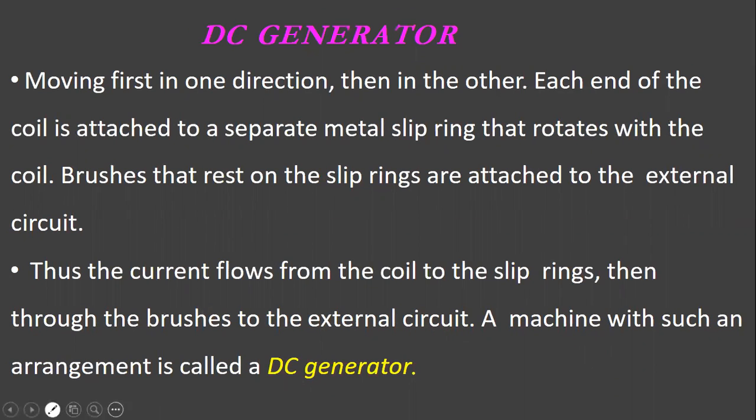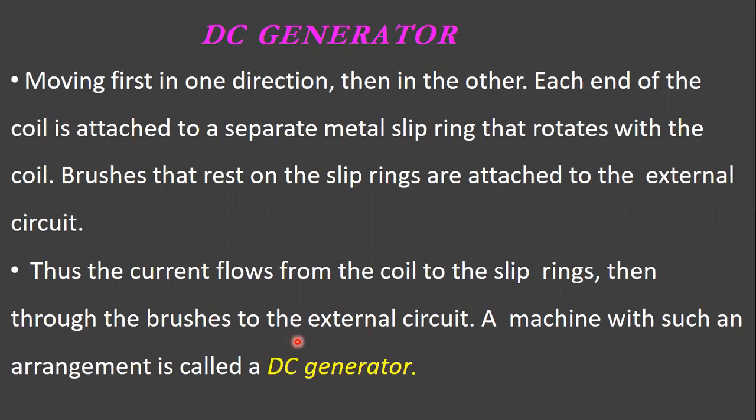A machine with such an arrangement is called a DC generator. See children, in a DC generator, the current flows from the coil to the slip rings, then through the brushes to the external circuit.